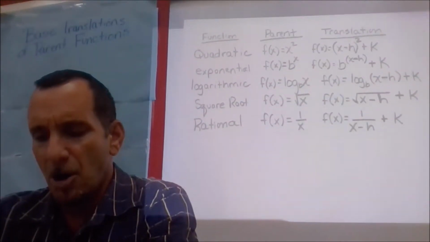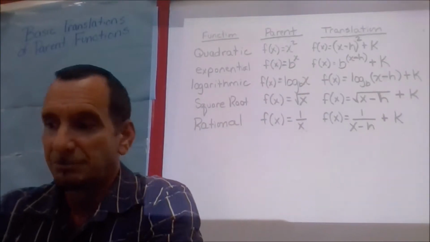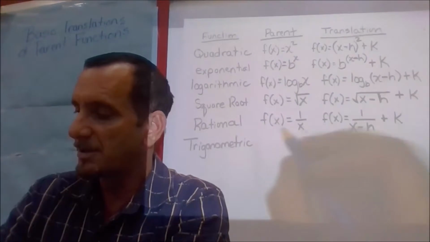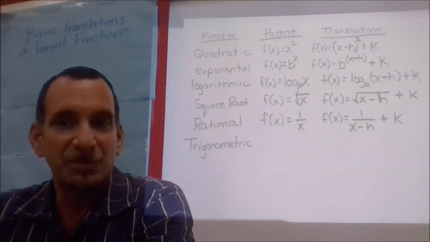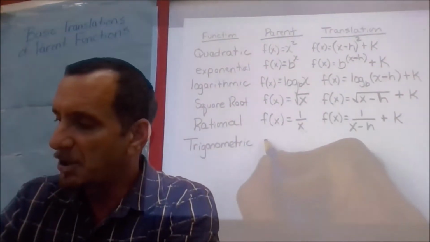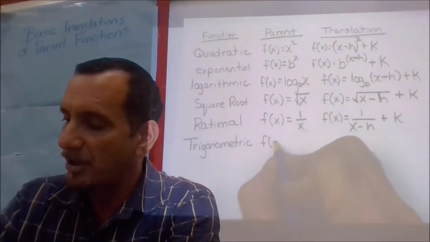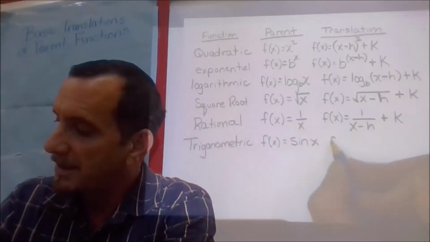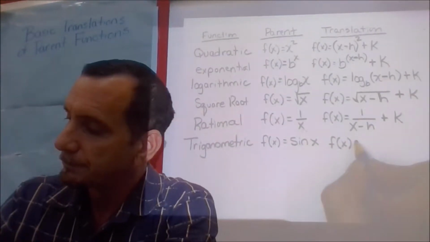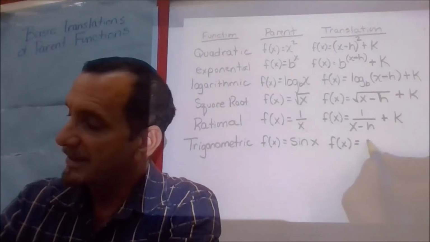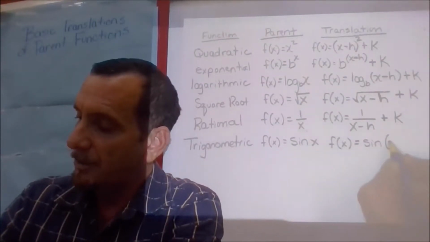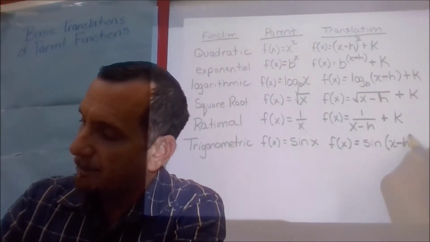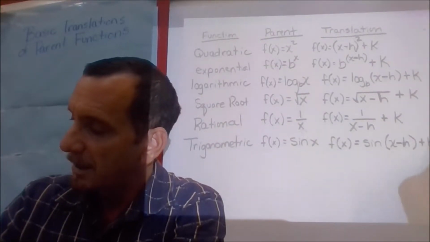And now let's come on over to even trigonometric functions, and there are many types of trigonometric functions. I'm just going to do the basic sine function. F of x equals the sine of x. We would take f of x equals the sine, get those parentheses because the h remains with the x, x minus h plus k.